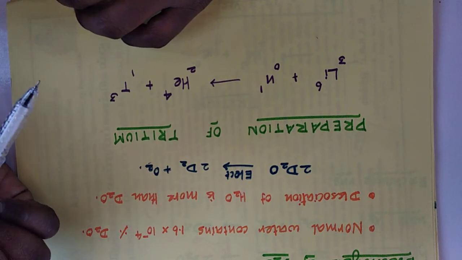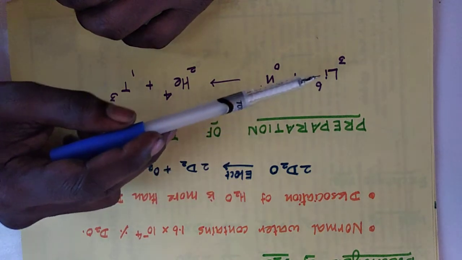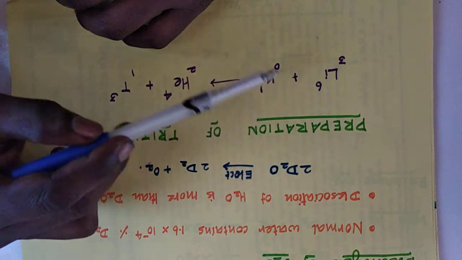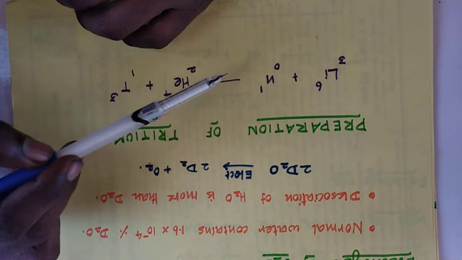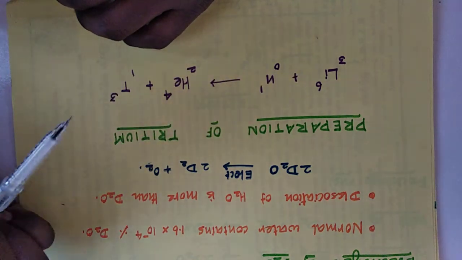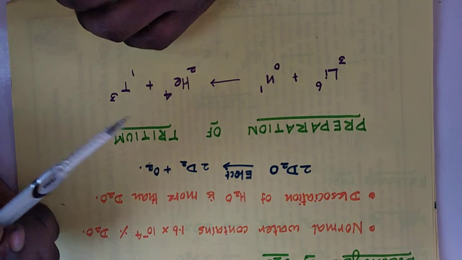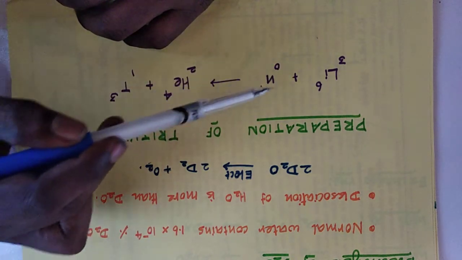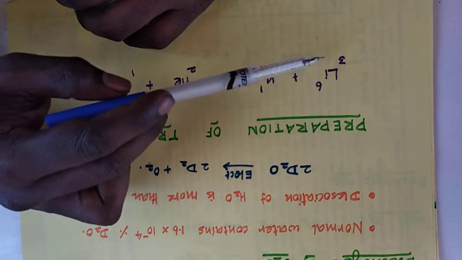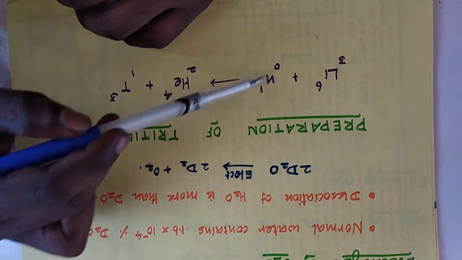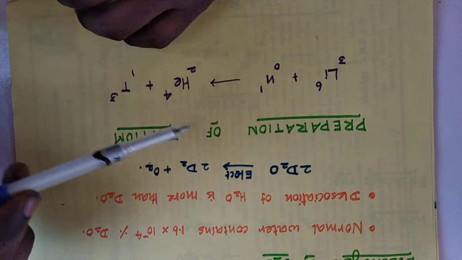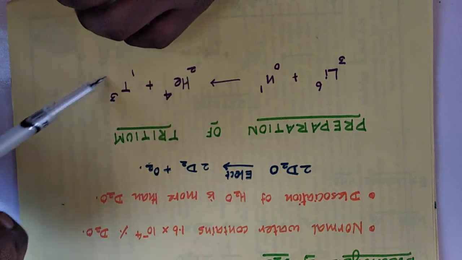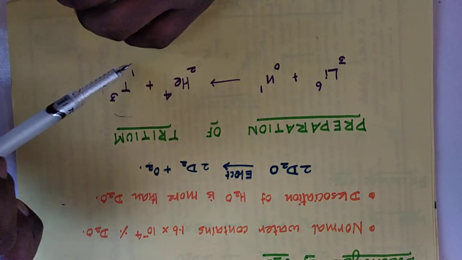How is tritium prepared? When lithium is bombarded with neutrons, tritium is formed. That is given here: Li-6-3 plus n-1-0, where n-1-0 means a neutron. When lithium is bombarded with a neutron, a helium nucleus is formed, and along with that, tritium, T-3-1, is obtained.